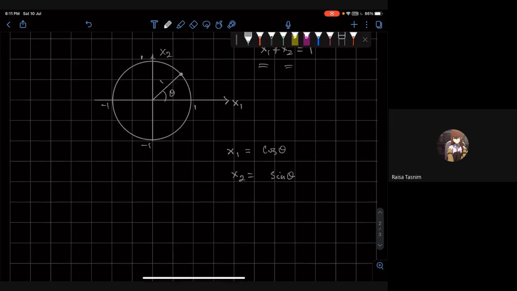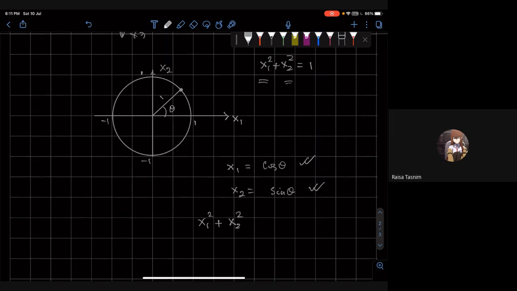And then we can verify this is the intrinsic parametrization. This is a parametric. Then we can write x1 squared plus x2 squared, the left-hand side of this equation, and we see that we get cosine squared plus sine squared, and of course it's automatically equal to 1.